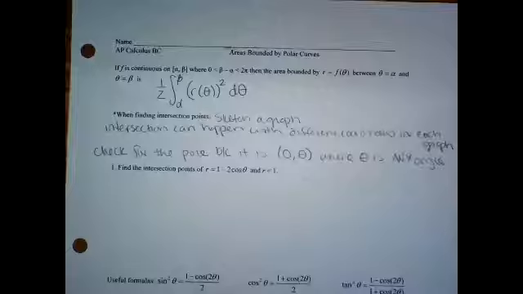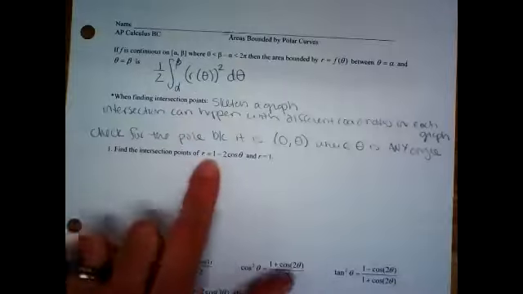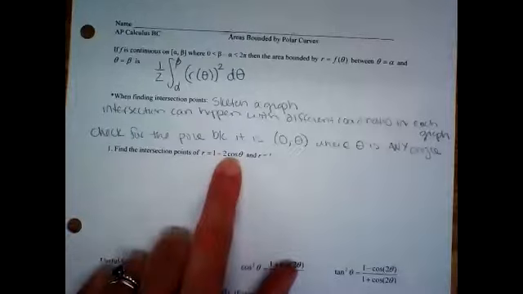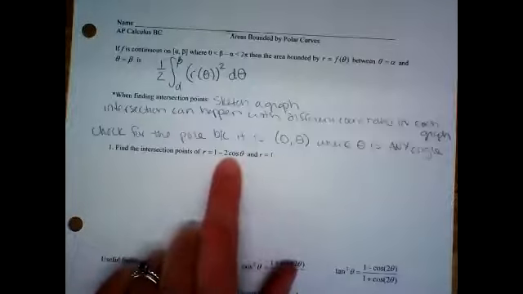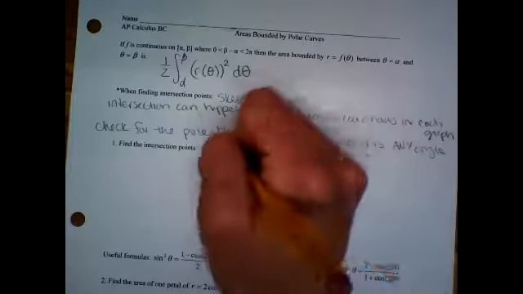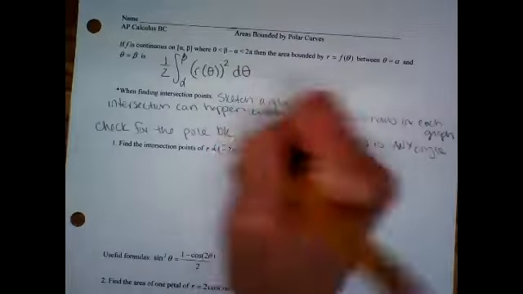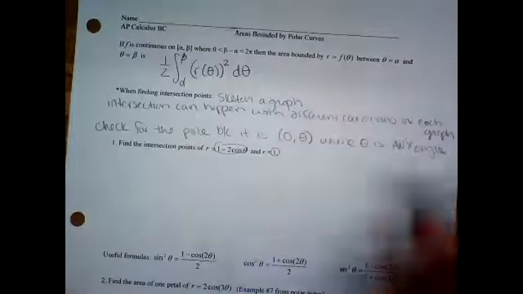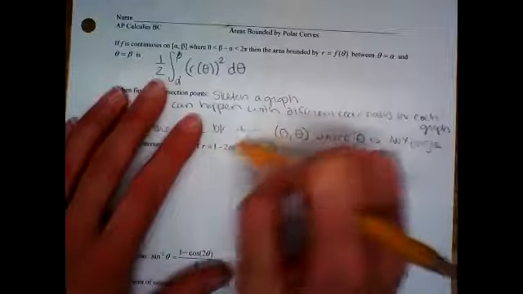And so I'm just going to show you what I mean. We'll just go through one of these. Find the intersection points of r equals 1 minus 2 cosine theta and r equals 1. Well, think back to algebra 1, algebra 2. When you wanted to find where two graphs intersected, you set them equal, right? It's the same idea. So we're just going to set this equal to this.